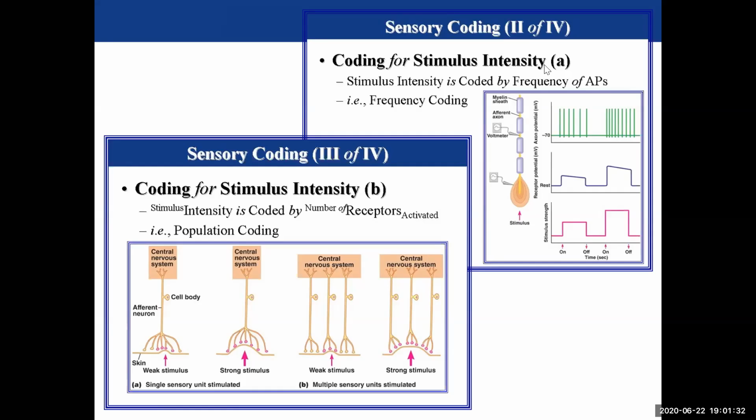Now, in addition to the type, how does the brain decode, for example, the intensity of a stimulus? Coding for stimulus intensity can be done in 2 ways. Frequency coding, for stimulus intensity.